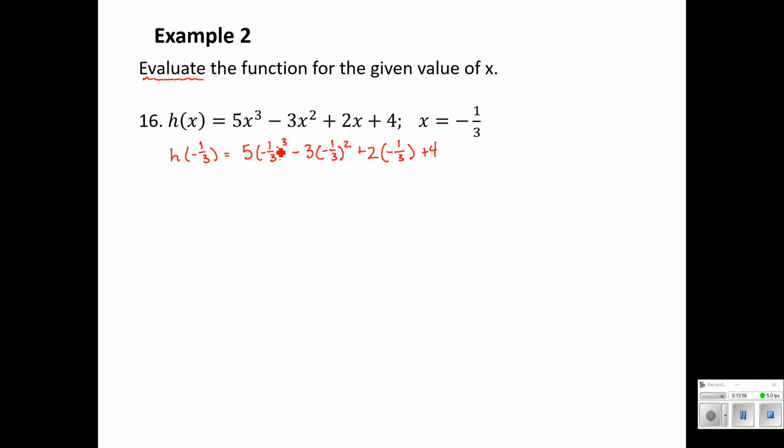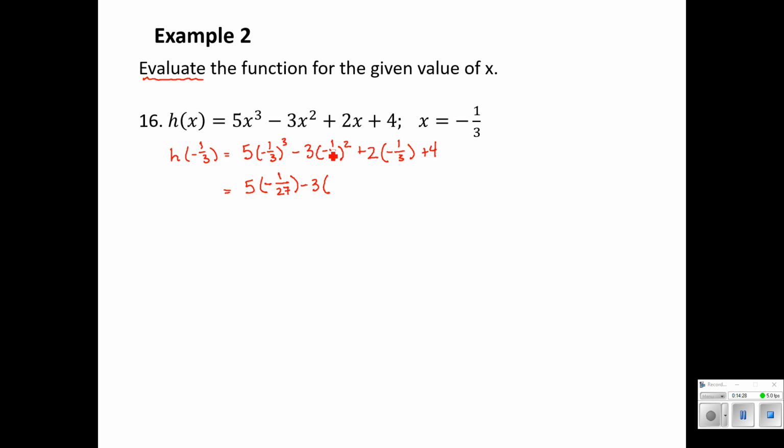Now, just like with squaring, when we take a fraction to a power, we are raising both the numerator and denominator to that power. So this is equal to 5 times, if it's a negative number to the third power, that's a negative times a negative times another negative. The negative stays on. Negative 1 cubed over 3 cubed, that's 3 times 3 times 3. It's very tempting to call that 9, so be careful.